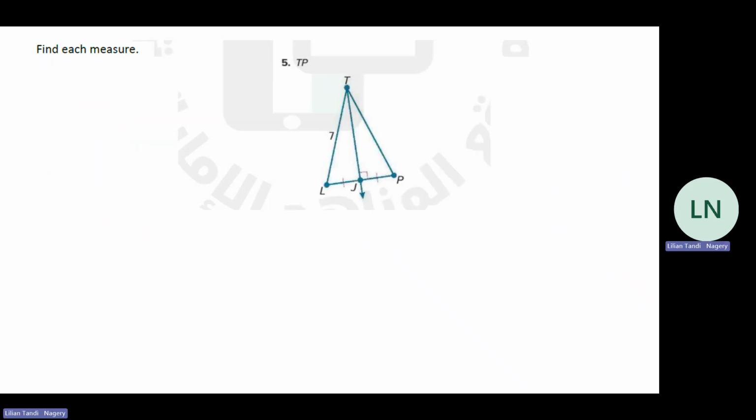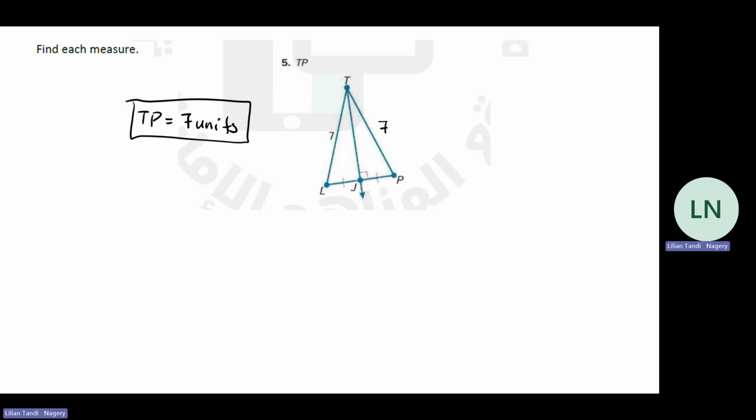Okay, next question. I check for the 90 degree perpendicular from the vertex. I check that this side is equal to that side. So therefore, this hypotenuse will equal that hypotenuse. So TP equals 7 units. And I box my answer.